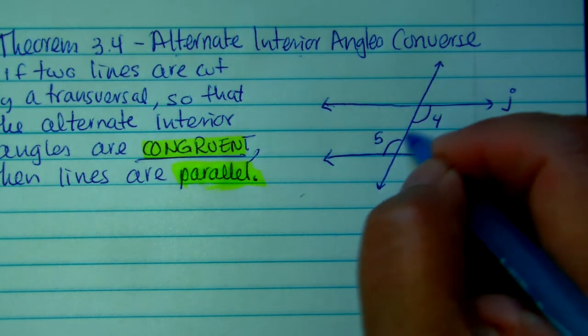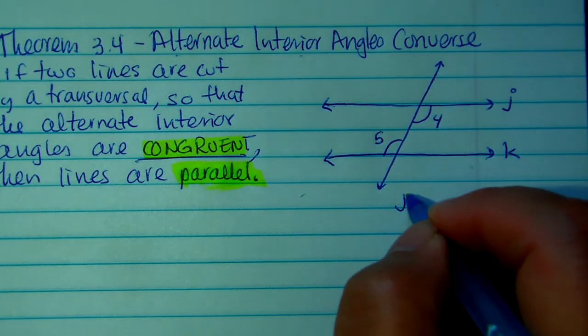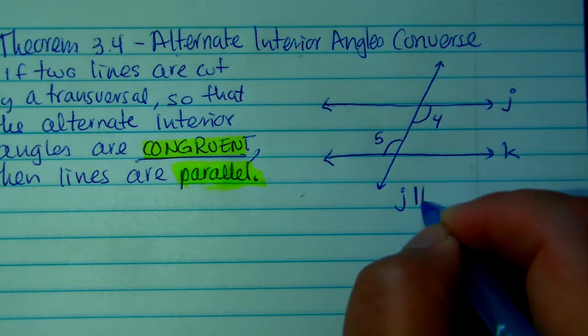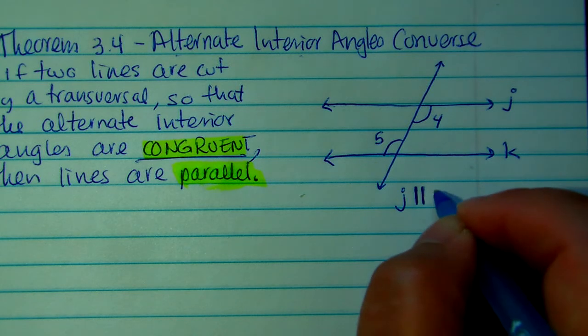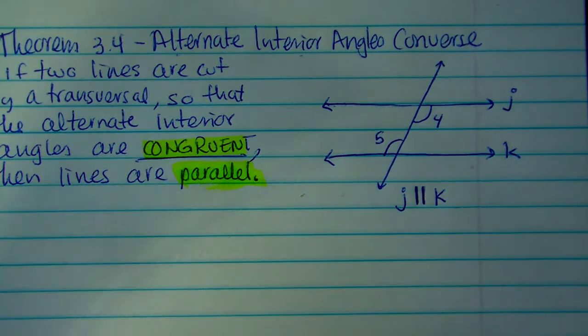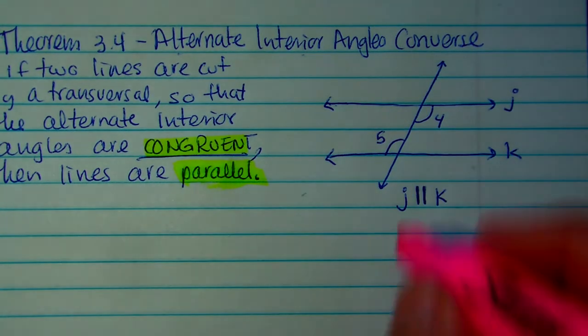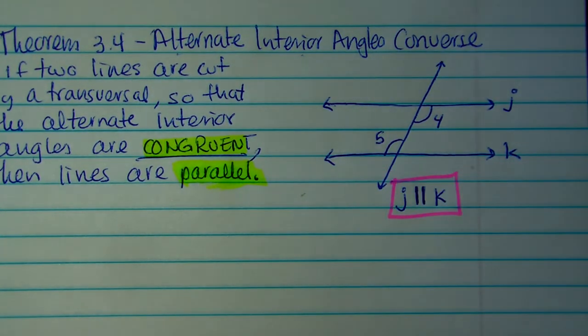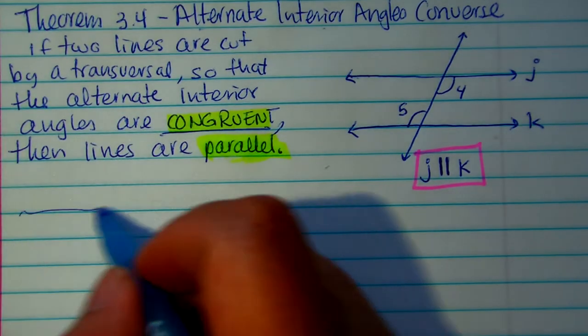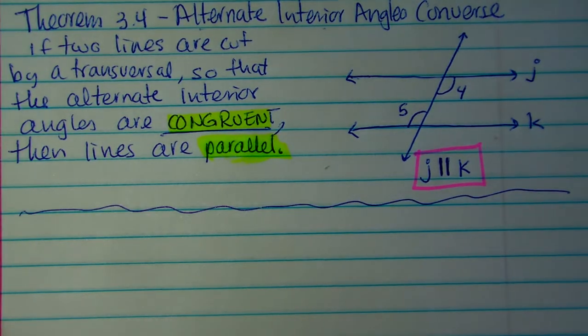So if these two are congruent, then J is parallel to K. Okay. Next theorem.